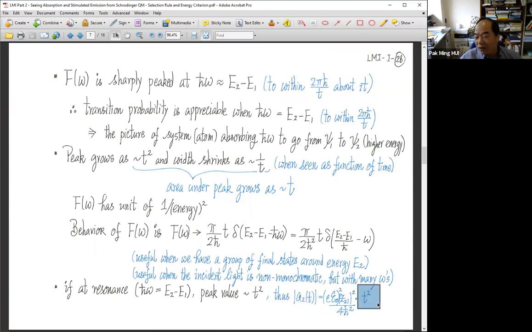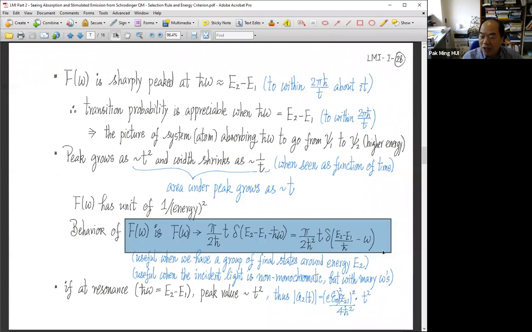But that is not usually observed in experiment, for the reason that you always have a width in your incident light. There is a spread in frequency.